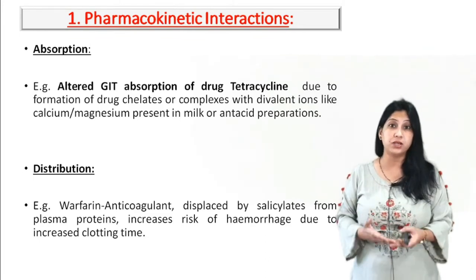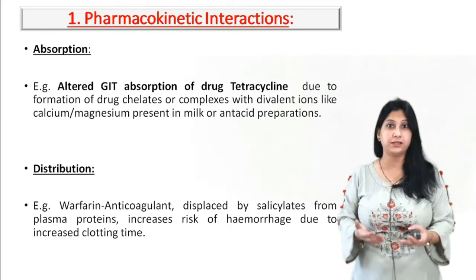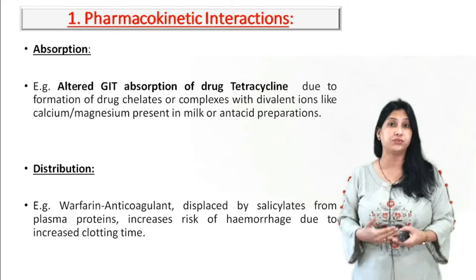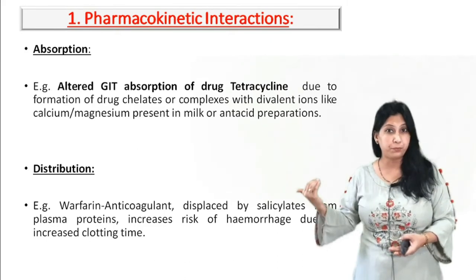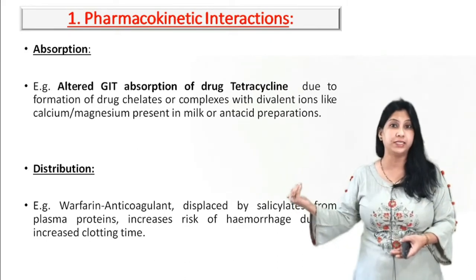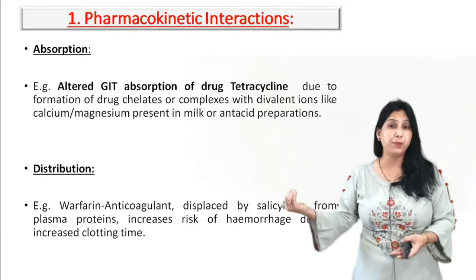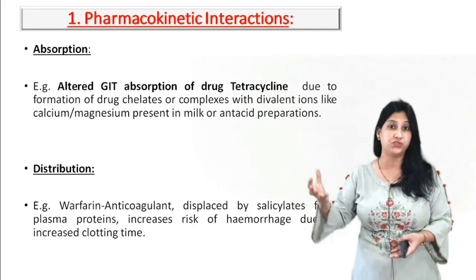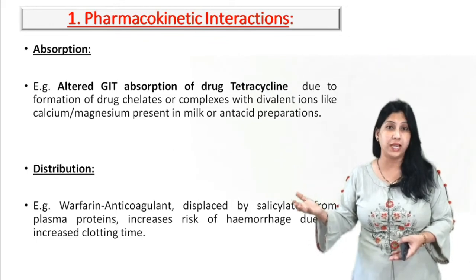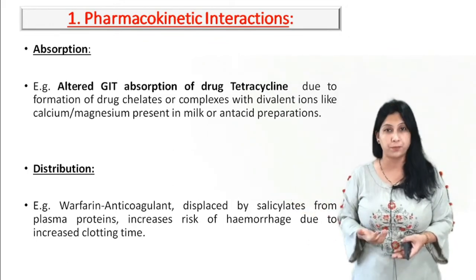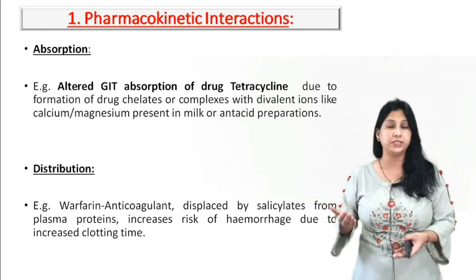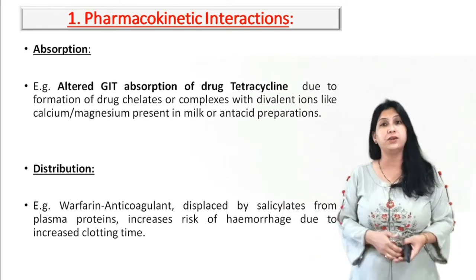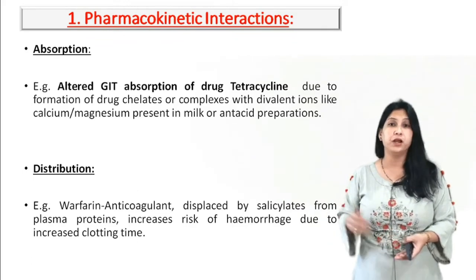So if this drug is taken along with milk that contains calcium cations, or with antacid preparations that contain divalent cations, this may result in chelate formation, and this chelate of the drug with these cations has poor absorption through the GIT. That results in a subtherapeutic concentration of the drug, and the desired response will not be obtained.